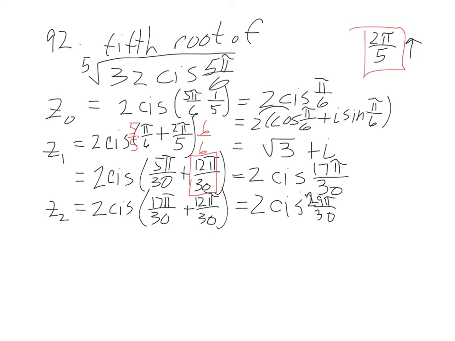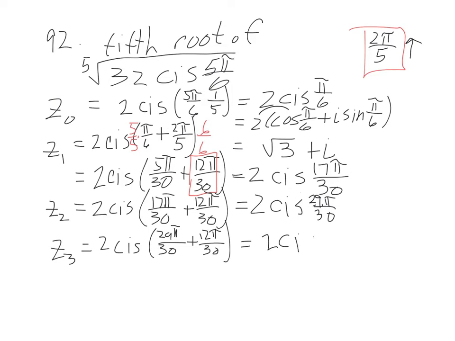When we go to z sub 3, we're going to continue in the same fashion. 2 cis, take our last angle of 29 pi over 30, and add 12 pi over 30 to it. And that would give us 2 cis 41 pi over 30. And again, converting these into standard form is going to be nasty.